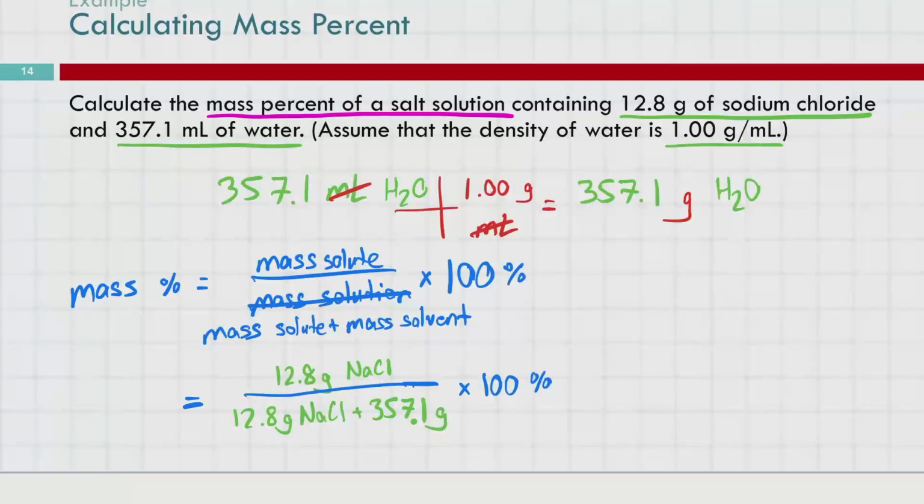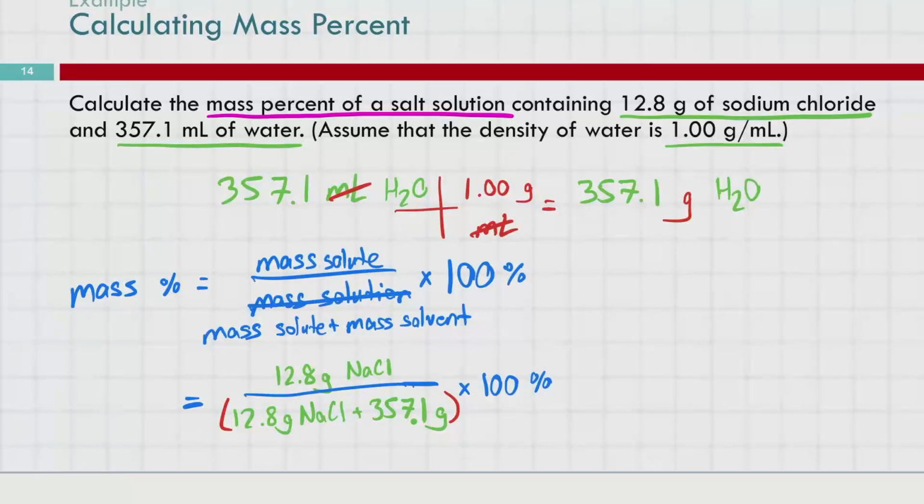Okay, the place where we can go wrong with this is if you don't add the things on the bottom first, because parentheses would tell your calculator to add the things on the bottom first. You have to have parentheses around the things on the bottom, and then do your division and multiplication.